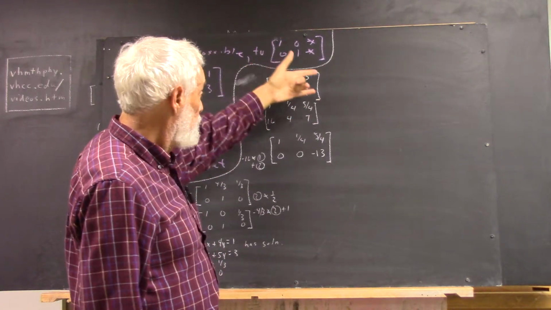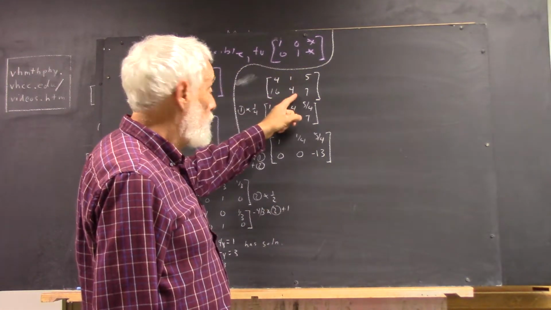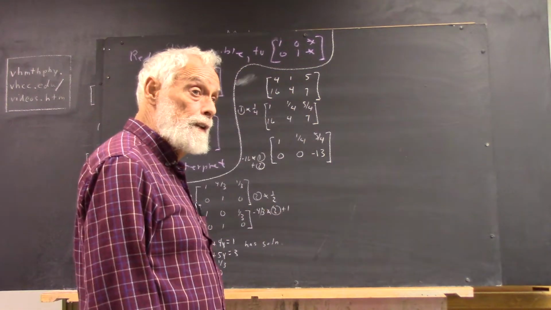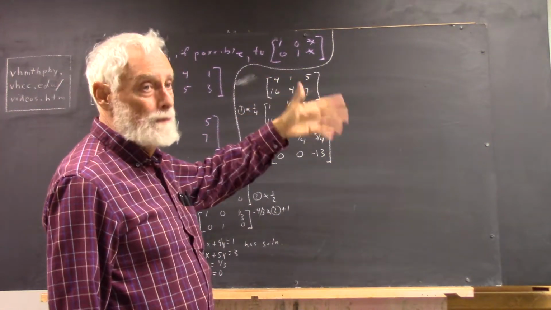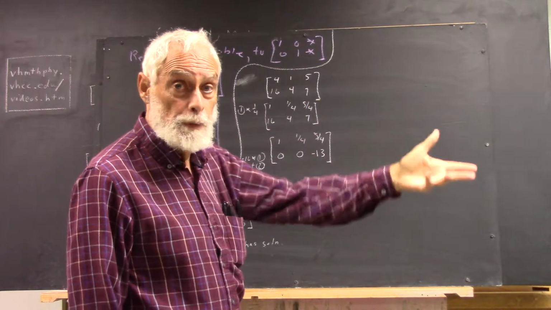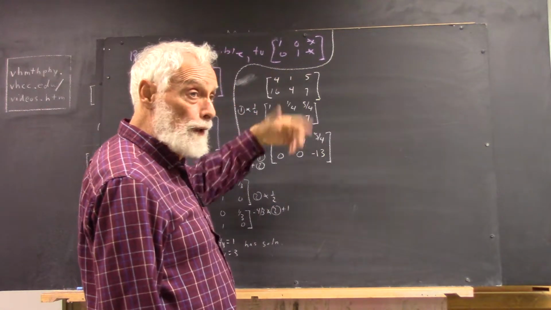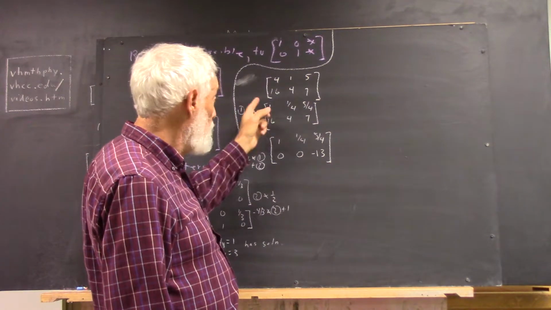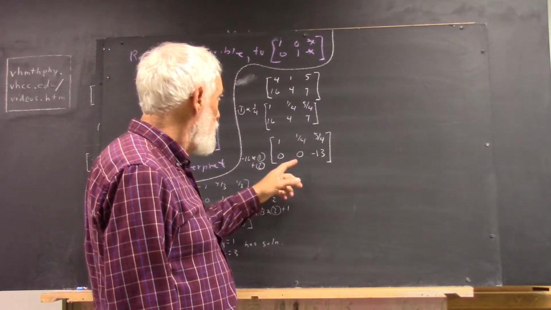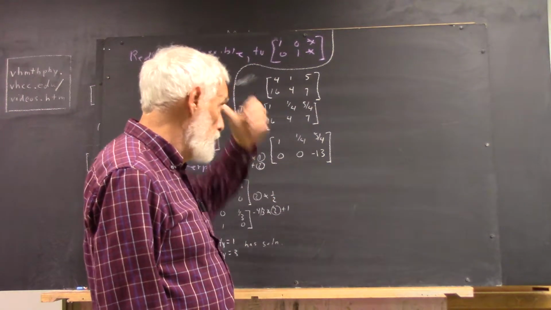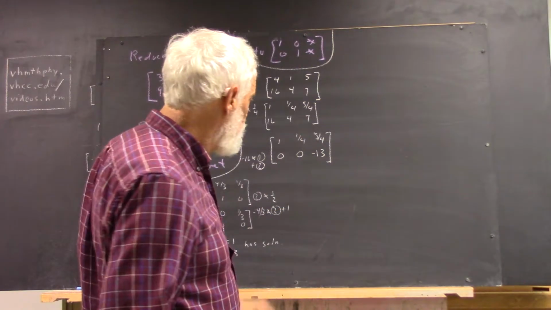Now, these two lines stand for equations, this being the coefficient of y, this being the coefficient of x, so that dividing this by this turns out to be the negative of the slope. You can verify that. So this equation, if graphed, will have the same slope as this equation. But you get 0, 0, negative 13 here. This asserts that 0 equals 13.